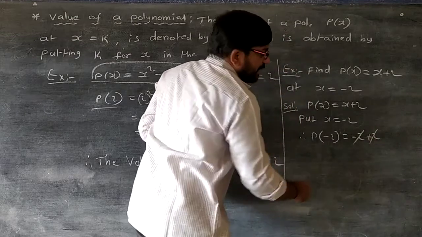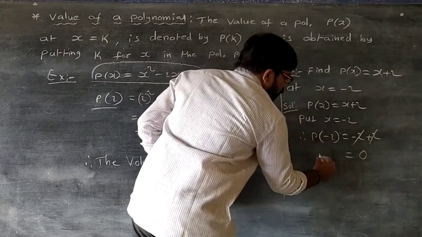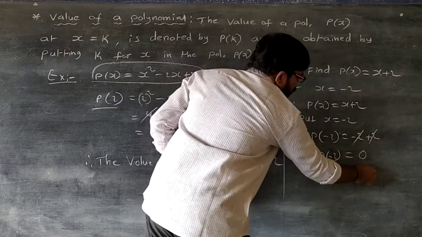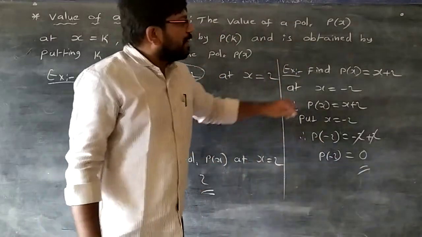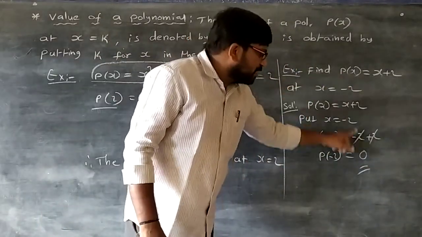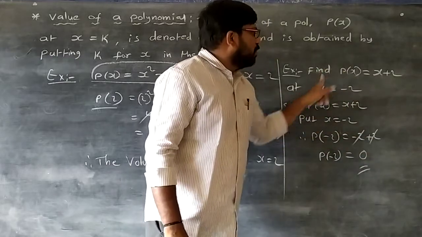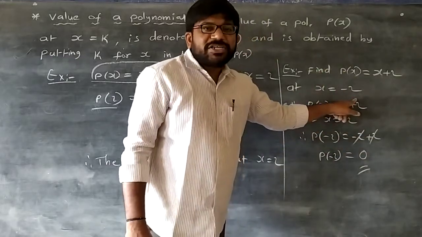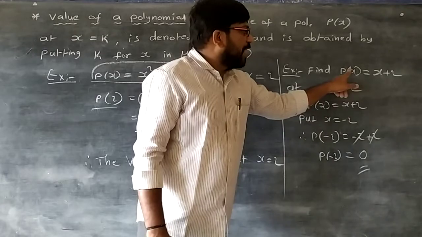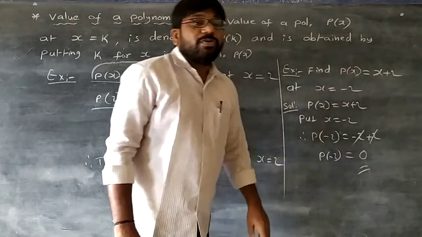Here −2 and +2 get cancelled, so p of −2 is equal to 0. So the value of polynomial p of x is 0 at x equal to −2, right?